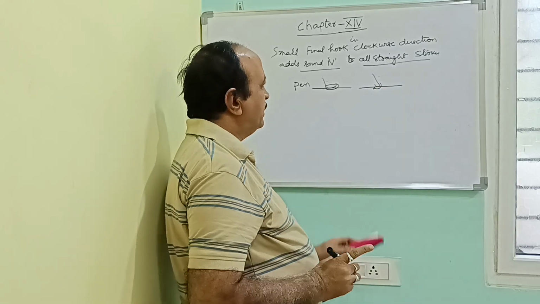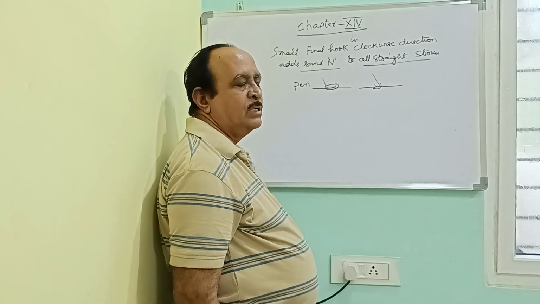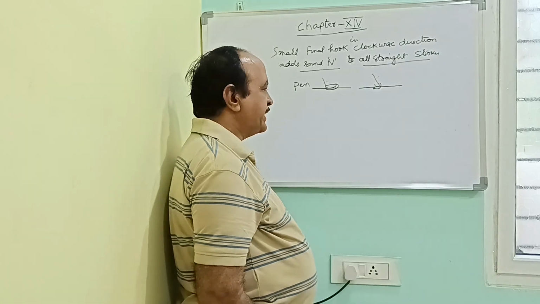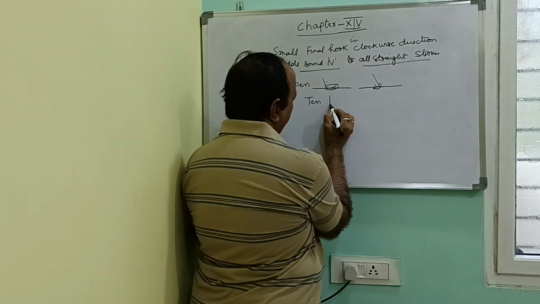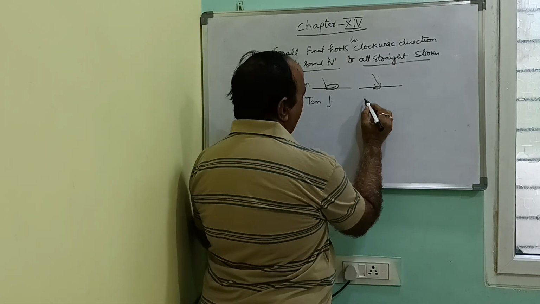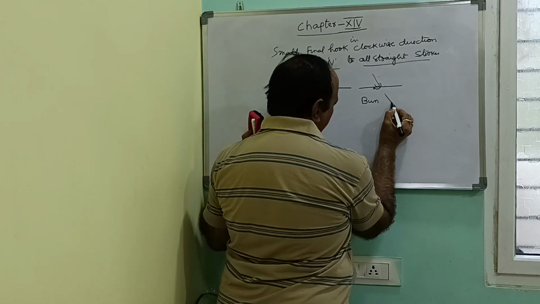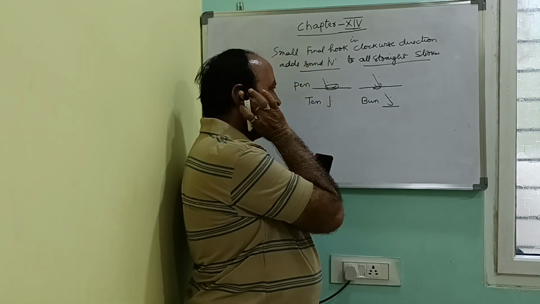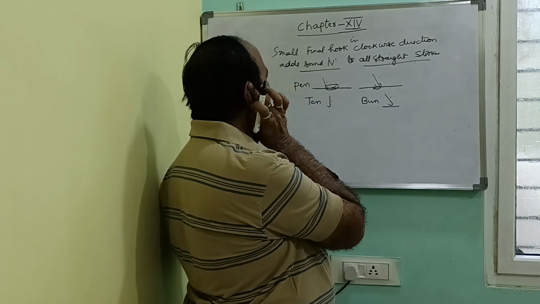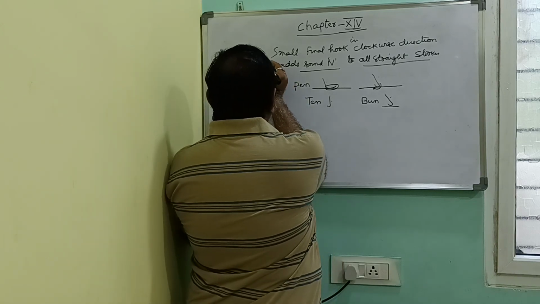A small final hook in clockwise direction gives the sound of N for all the straight strokes. In the same way, some more examples: ten, and so on. This is about the N hook.